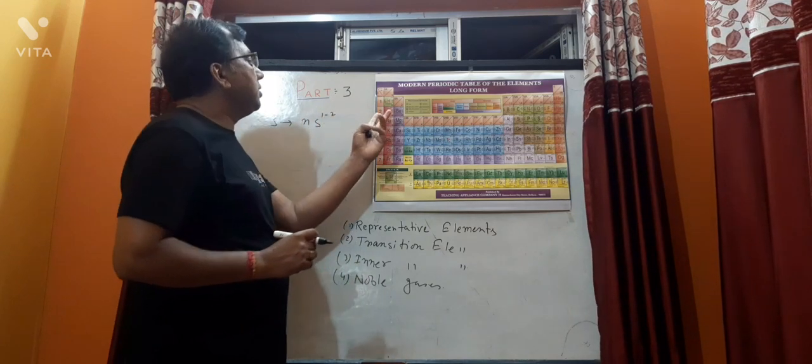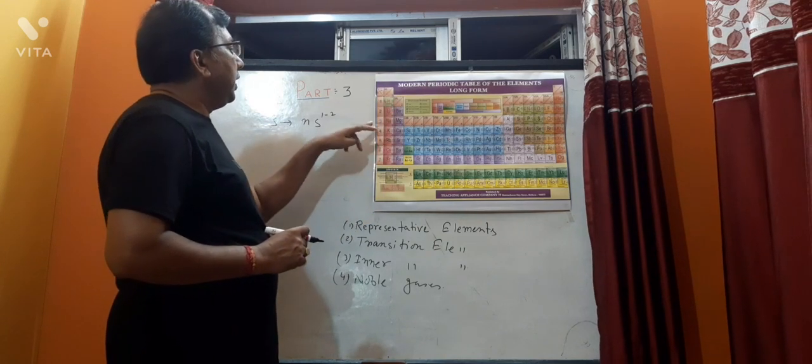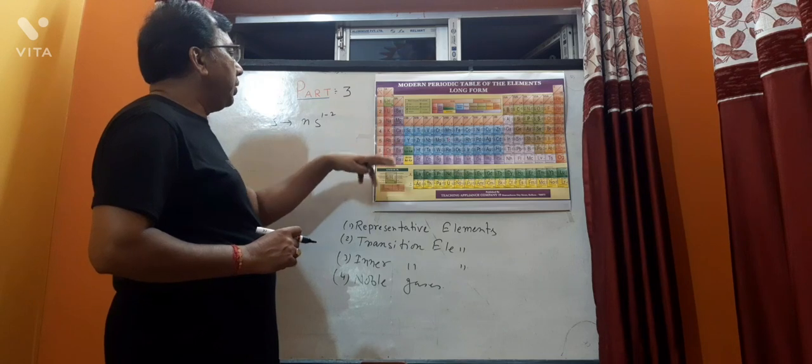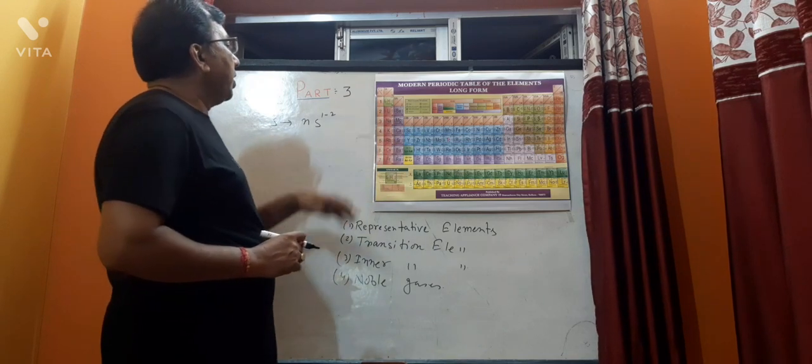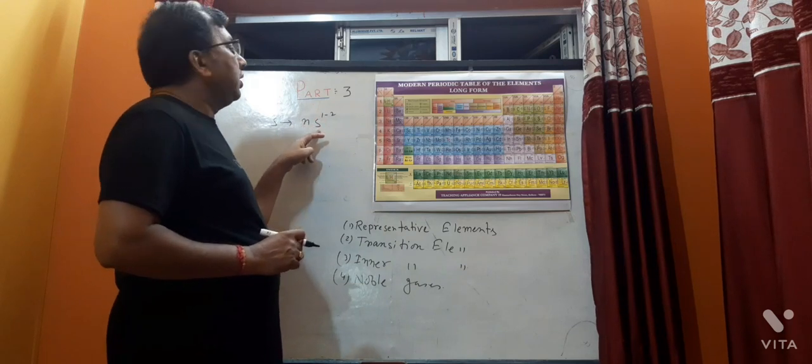These are known as the representative elements. Any element, sodium, potassium, calcium, rubidium, cesium, the last electron goes to the s orbital.